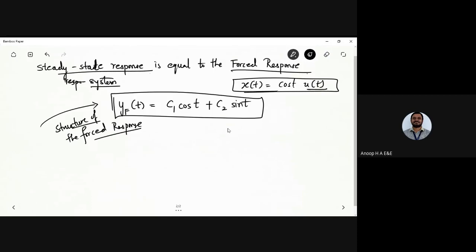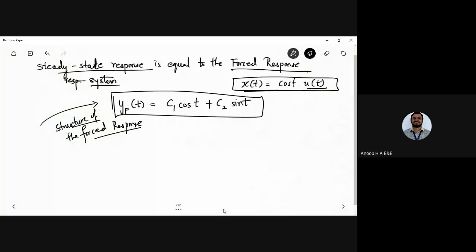Now, I have this structure of the forced response. What I would like to recall is y'(t) + y(t) = cos t. I can write it as y_f'(t) + y_f(t) equal to cos t.